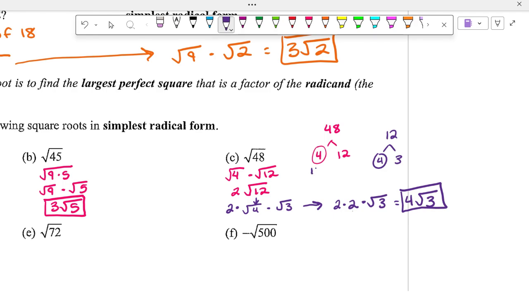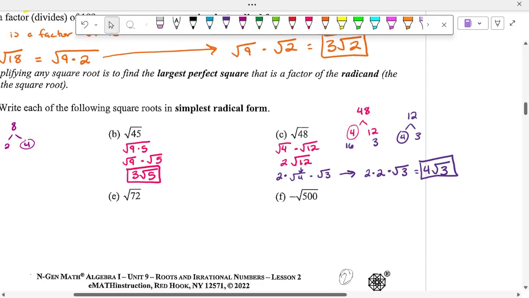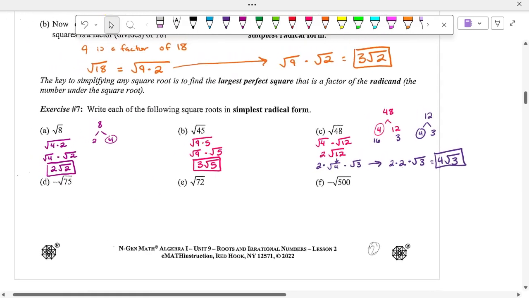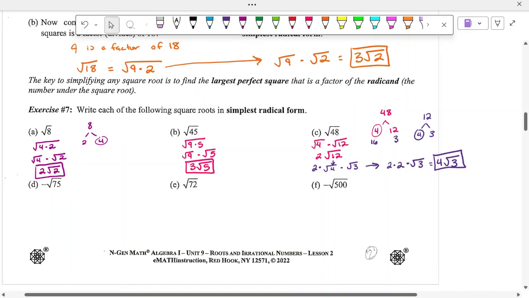So another factor we could have used was 16 and 3. But the reason I did this example like this is because it shows you that even if you don't get the largest perfect square, you can still work your way down. All right, let's do one more.